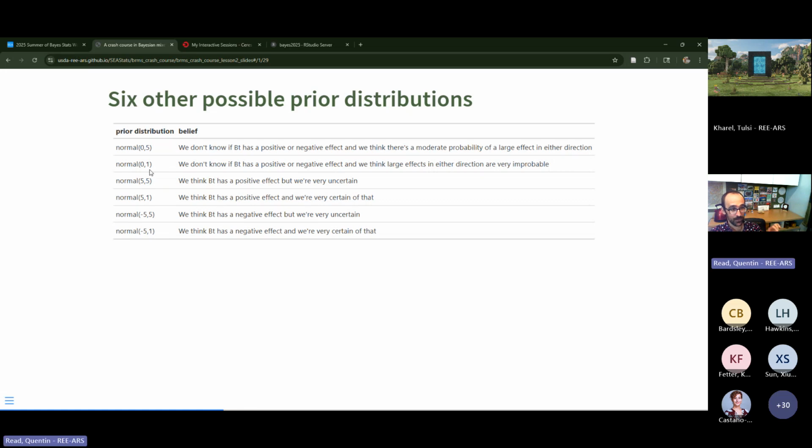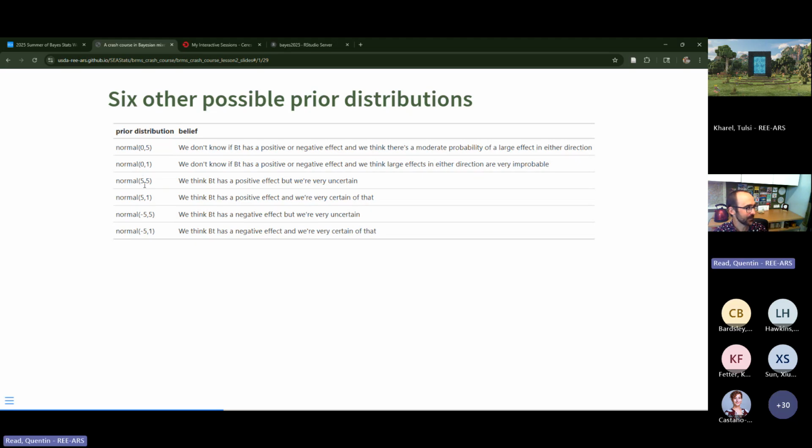We could also use normal with a mean of 0 and a standard deviation of only 1. That means we actually think that BT and ISO are not going to be very different. We don't know which one will be higher, but we think that the difference is going to be pretty small. We're saying that there's not a high probability of a large positive or negative effect. But you don't have to use 0 as the mean of that normal.